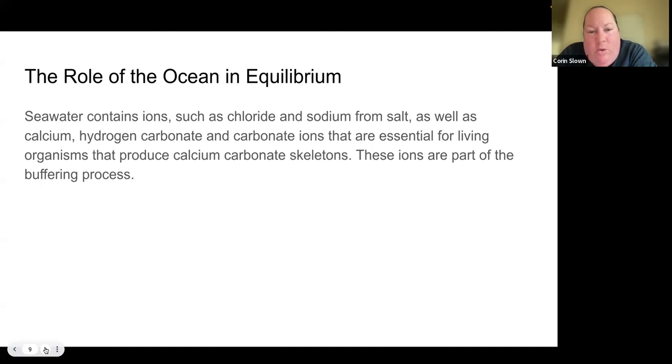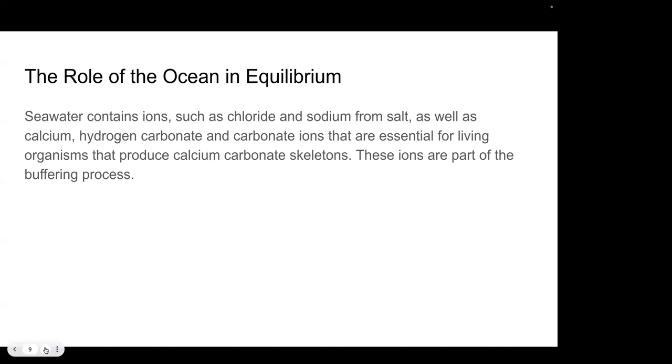Why do living organisms need those ions? What do they do with them? What do you think? Why are those ions essential? Carbonate to make shells. Yeah, right.